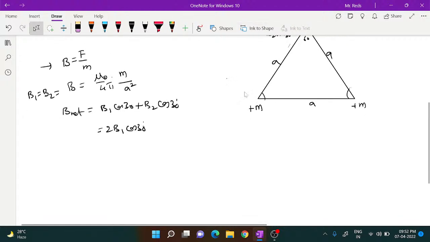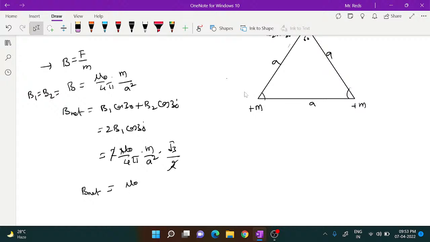So 2 into B1 equals mu naught by 4 pi into m by a squared into root 3 by 2. The 2 cancels, so we get B net equal to mu naught by 4 pi into root 3 m by a squared, the net field at that point, right?